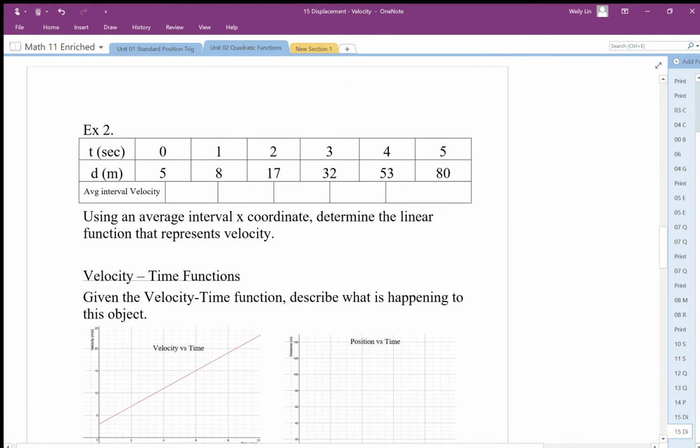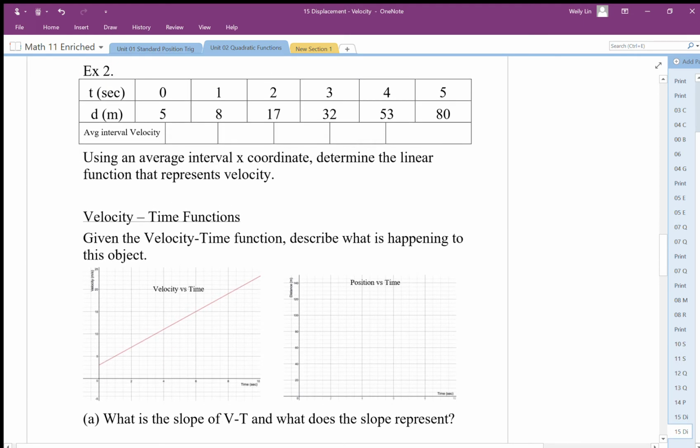So we can try another one here. We have our time and our displacement, and we'll work out an average interval velocity. Between 0 and 1 second, we increased by 3 meters, so the velocity is 3 meters per second. Between 1 and 2 seconds, we increased by 9 meters, so that's 9 meters per second.